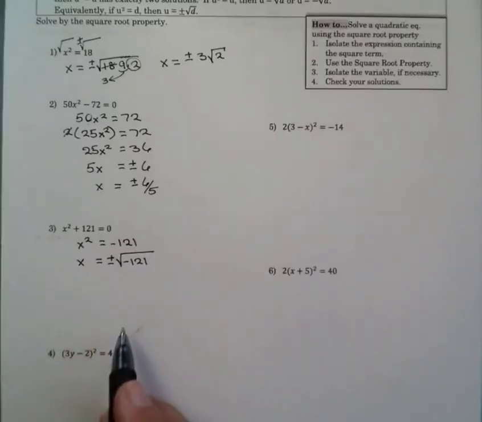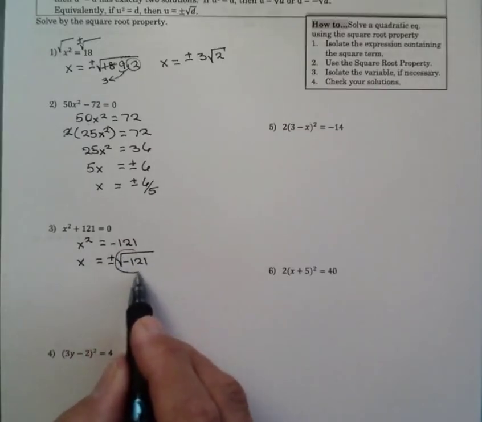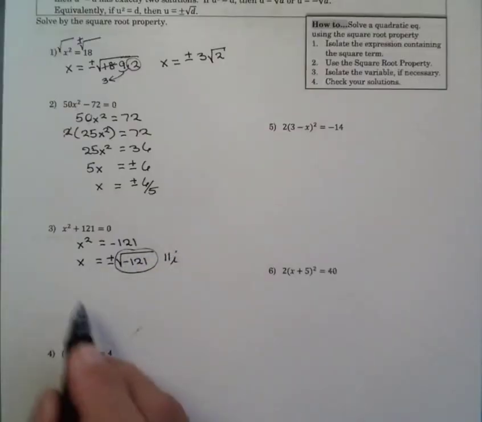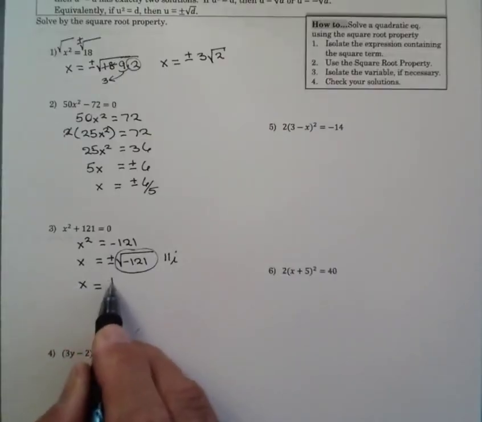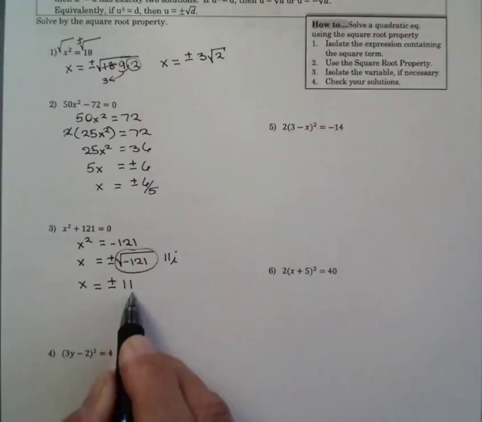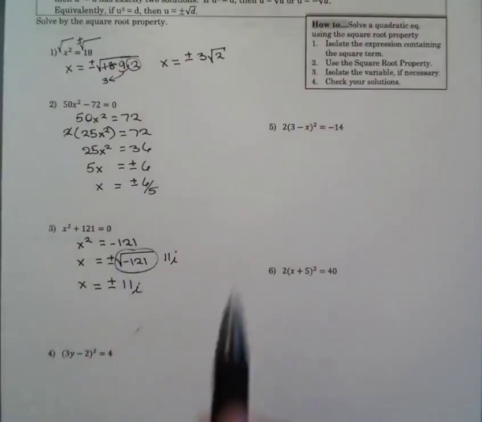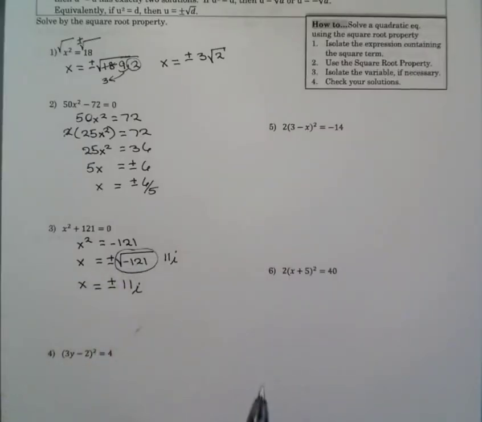Now I can resolve the square root of a negative 121. I will change this whole thing, and it will be 11i. So what do I have? We'll have x is equal to plus or minus 11i. I resolved the square root of negative 1 to be i, and then the square root of 121 is 11.